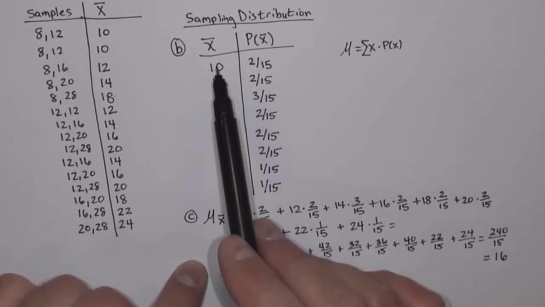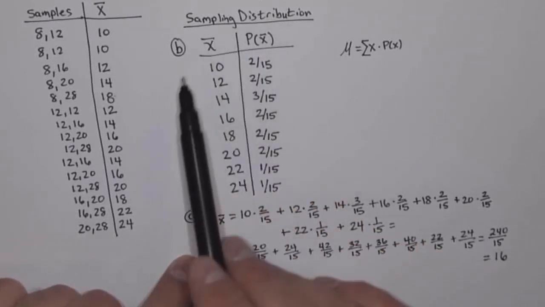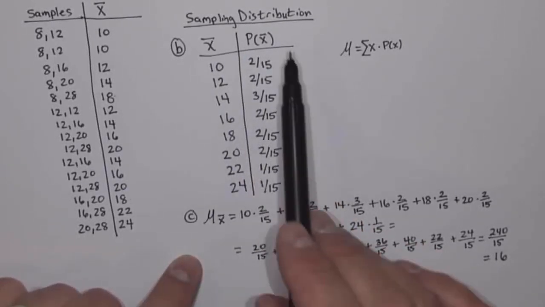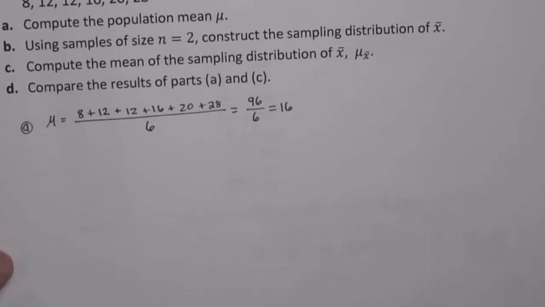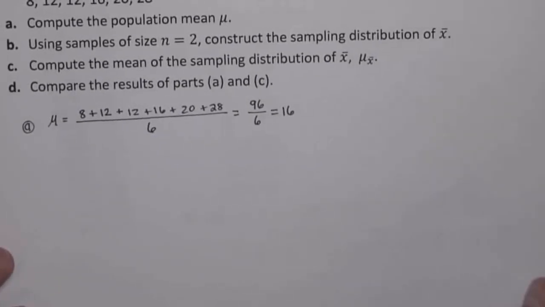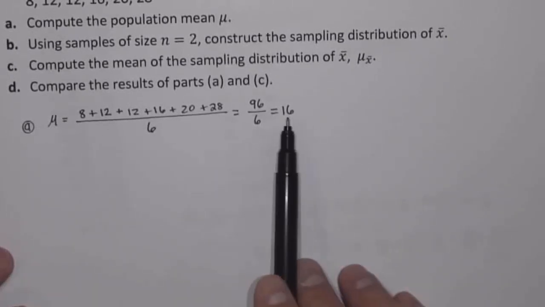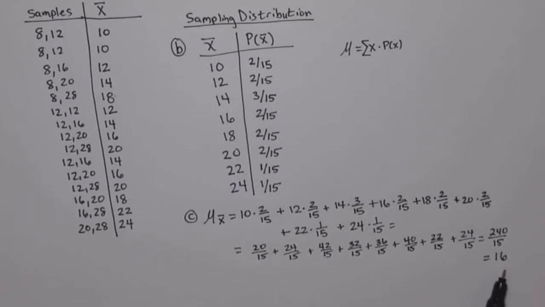So when we found all of the possible means and put that into a sampling distribution, when we find the mean of the sampling distribution, we get 16. Now, in Part D, we're supposed to compare the results of Part A and Part C. In Part A, we got a mean of 16, and in Part C, we got a mean of 16.